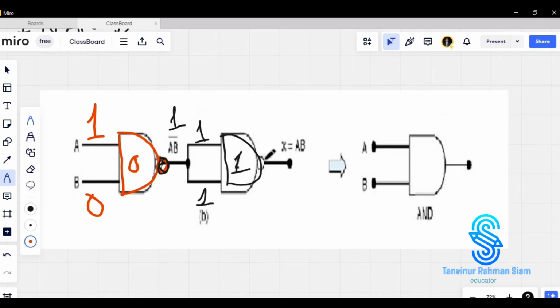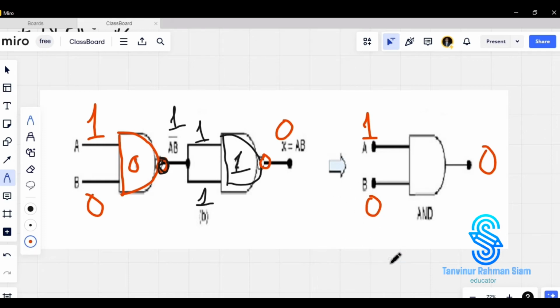After that you are considering it as NOT gate. So NOT gate, 1 was present, so now it will turn into 0. So see, you are giving 1 and 0 and you are getting 0 here. So what does that mean? That means in case of AND gate, you are giving 1 and 0 here and you are getting 0 here.